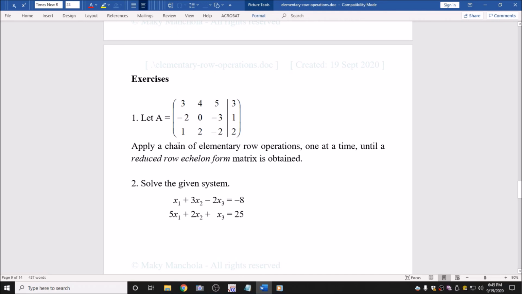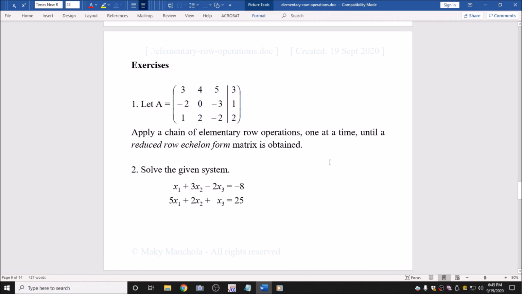Apply a chain of elementary row operations one at a time until a reduced row echelon form matrix is obtained. 2. Solve the given linear system. So this is similar to our second example.